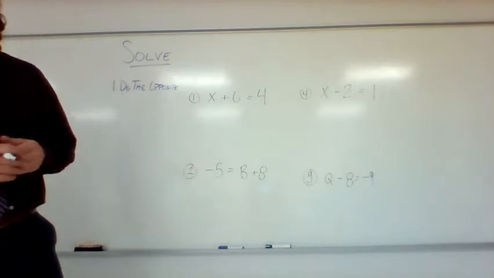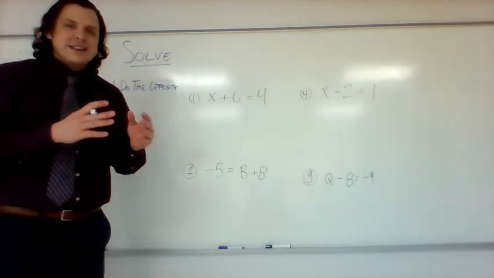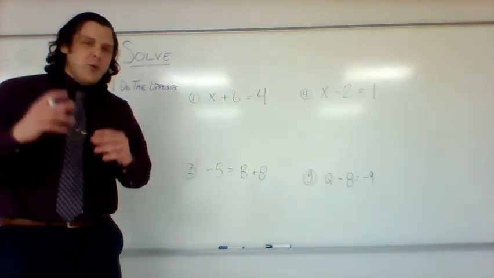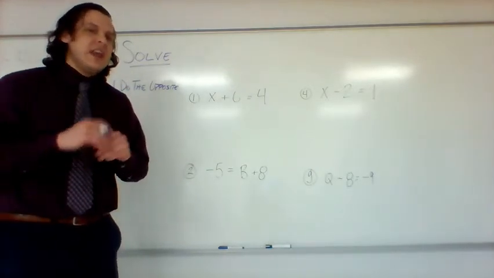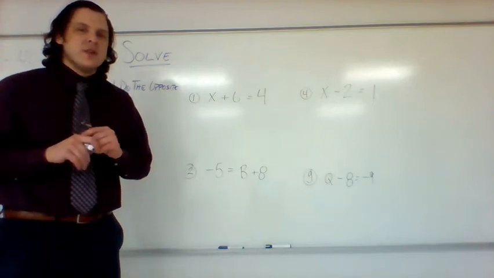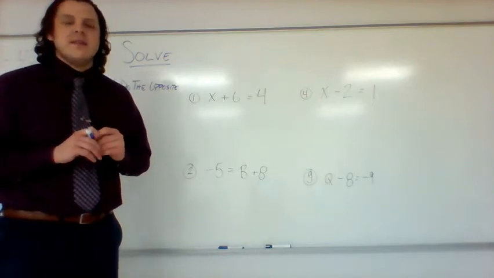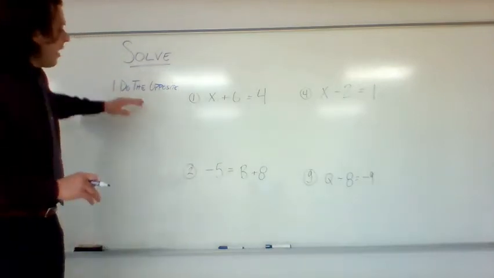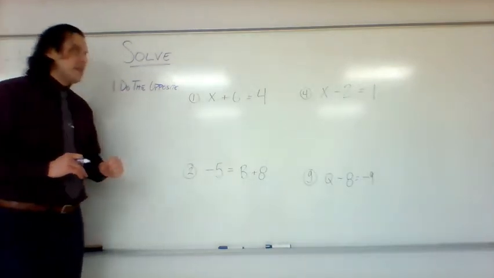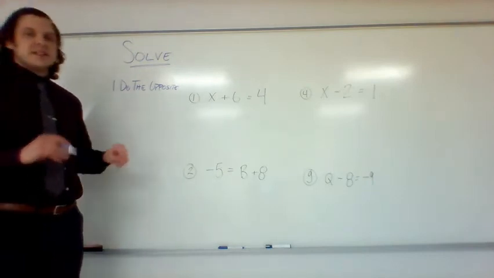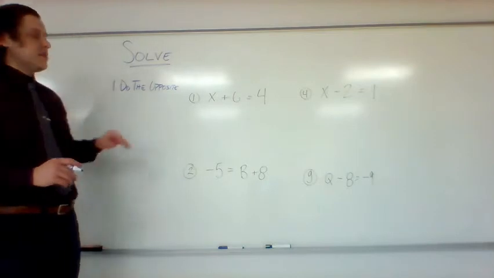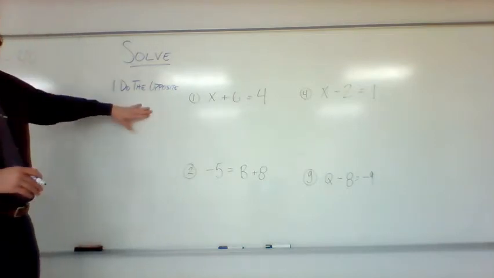Subtracting. What's the opposite of dividing? Multiplying. And this is a trickier one: what's the opposite of using the square root? That would be to square. So we're looking for opposites, and the reason is that opposites cancel with each other. So we're going to do the opposite.